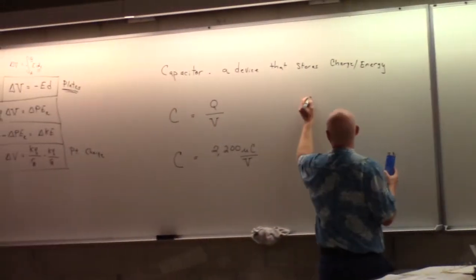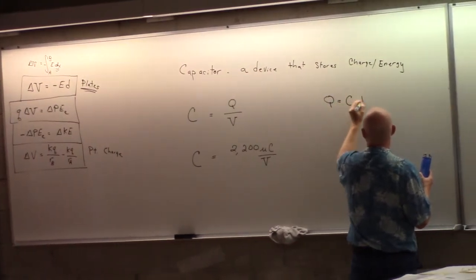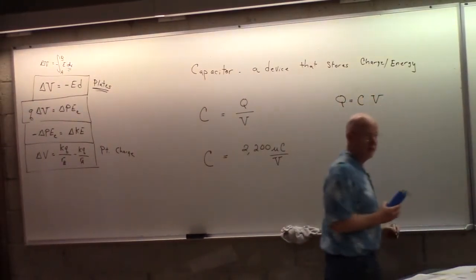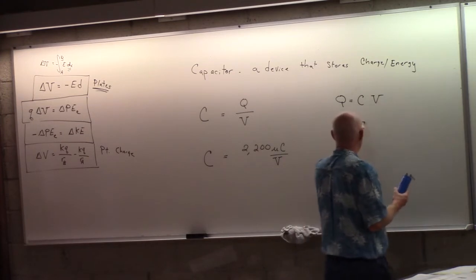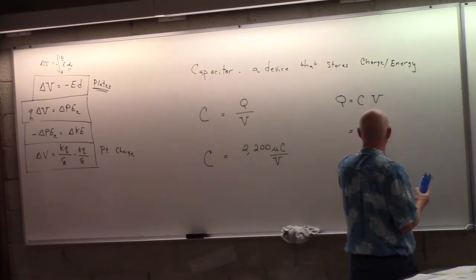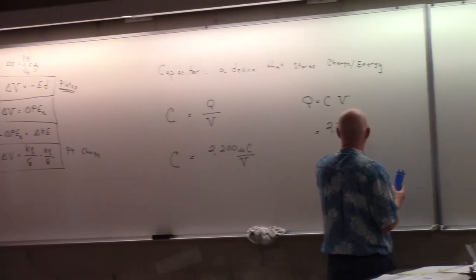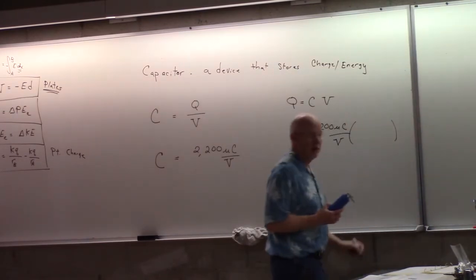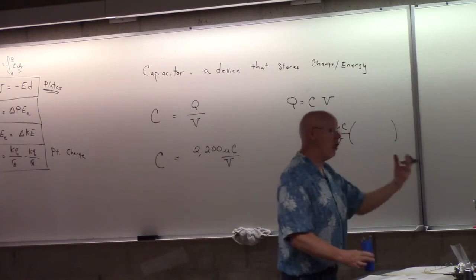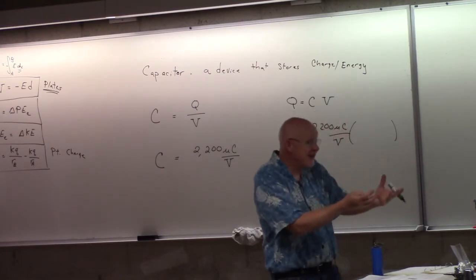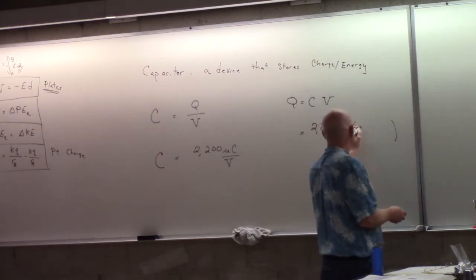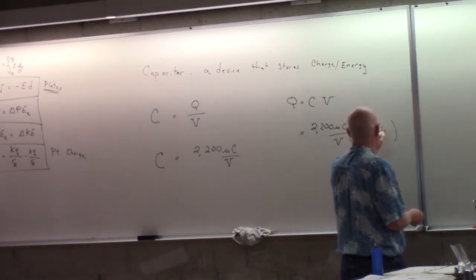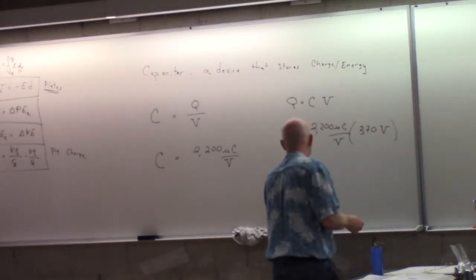So if I were to ask how much charge was on this capacitor, I would multiply these two together. In other words, I get 2,200 microcoulombs per volt. And then how many volts did I apply to it? And so in this case, it's 370 volts.